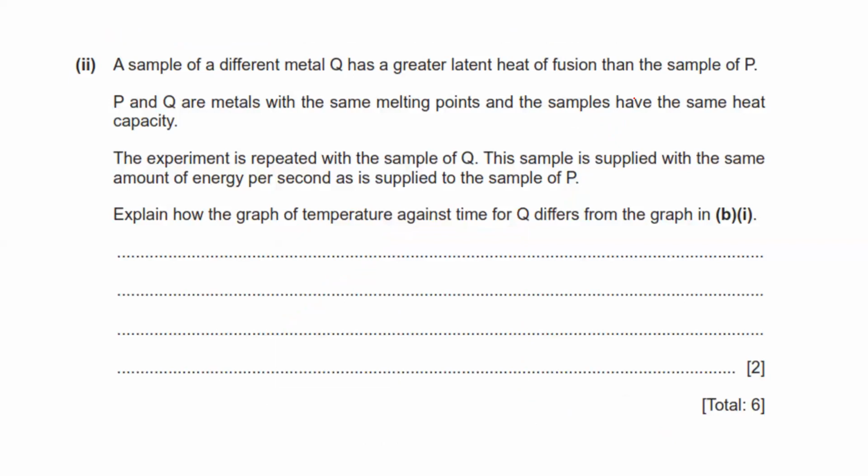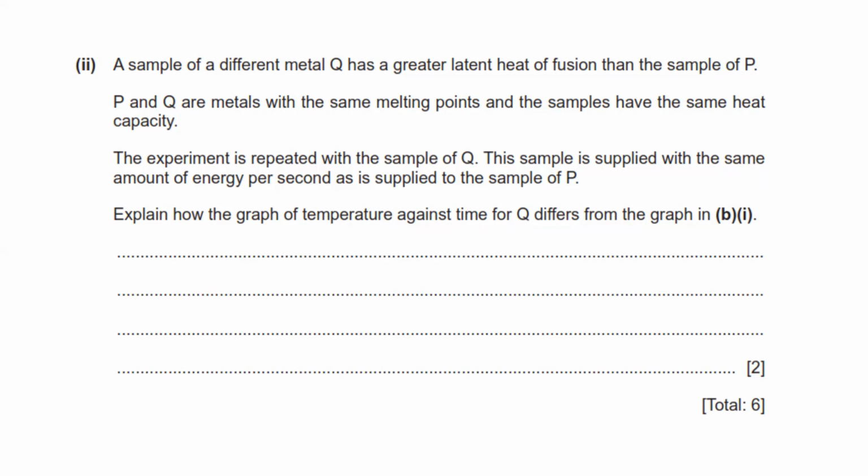Then part 2, it says a sample of a different metal Q has a greater latent heat of fusion than sample P. P and Q are metals with the same melting points, and the samples have the same heat capacity.